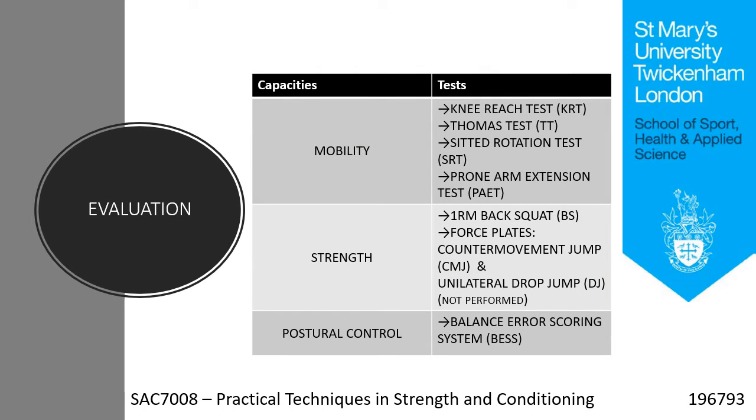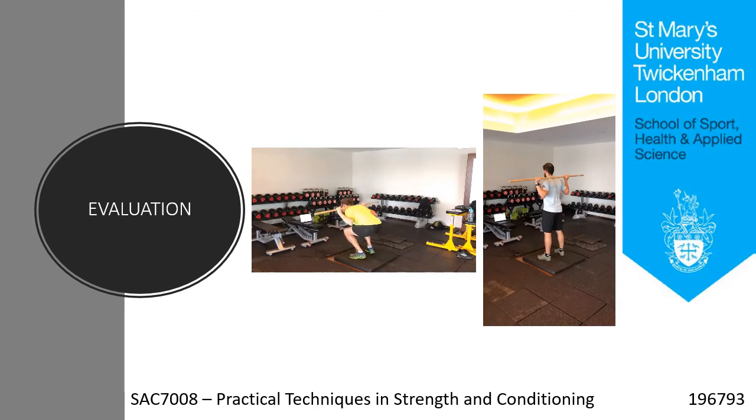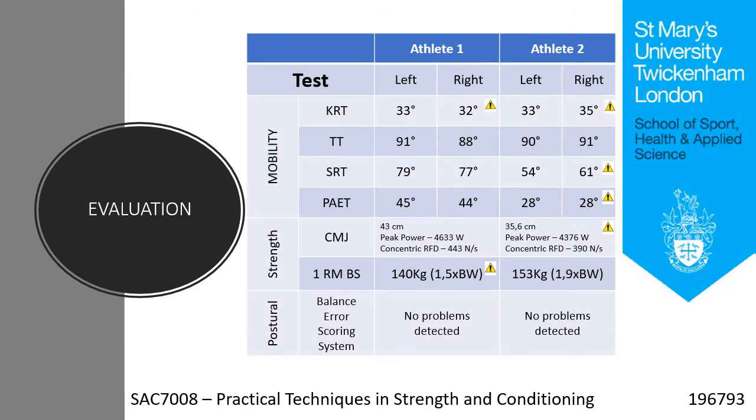A battery of tests was performed to understand in which way the capacities were affecting the movements. In the results shown in this table, we can clearly see that athlete number 2 has mobility issues and power development issues or explosiveness, while athlete number 1 mainly lacks lower body strength.